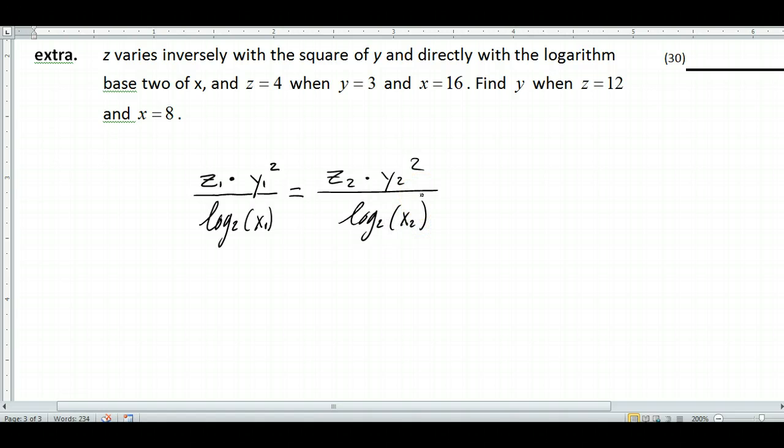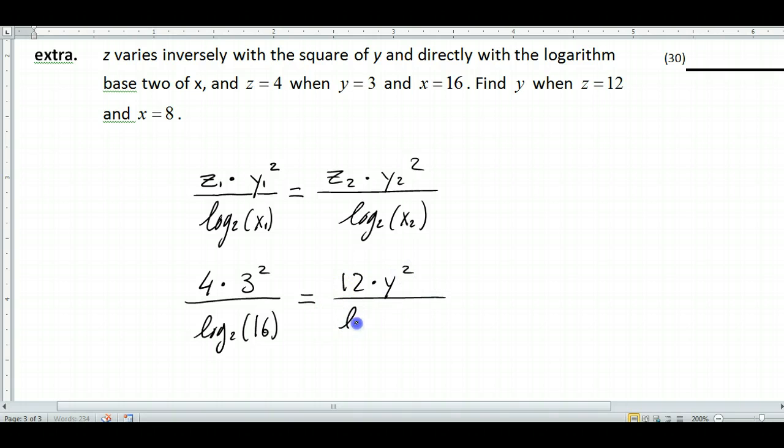So they are telling me that z equals 4 when y is 3 and x is 16, so the log base 2 of 16, and they're asking me to find y when z is 12. I want to find y, and x is 8, log base 2 of 8.